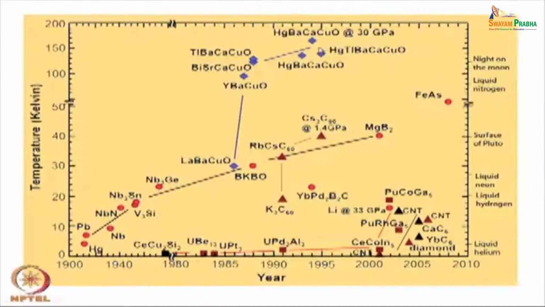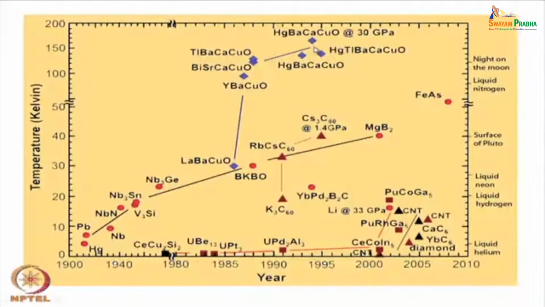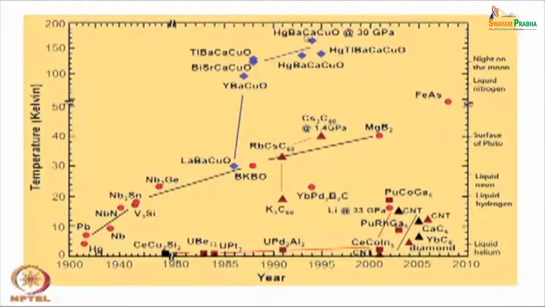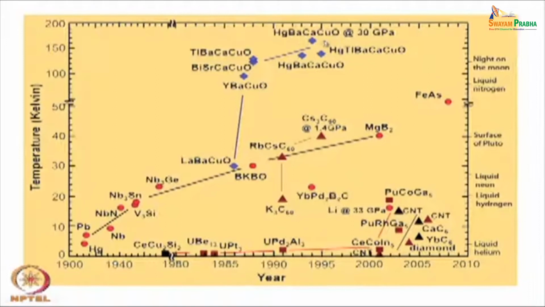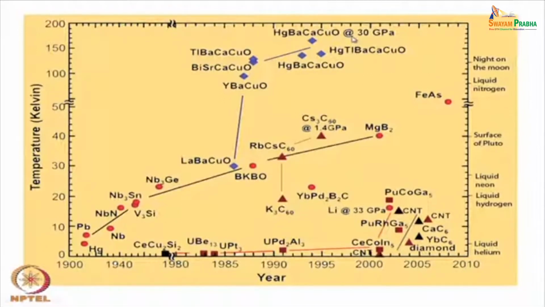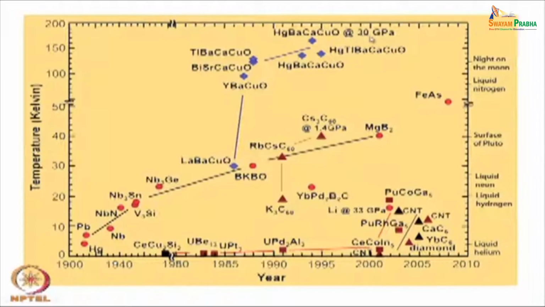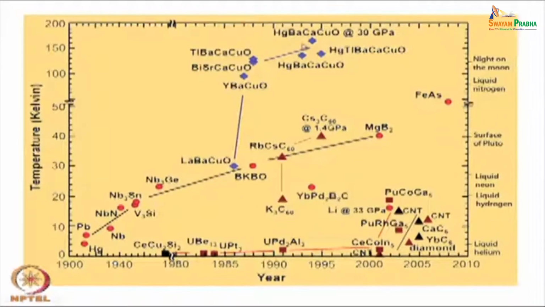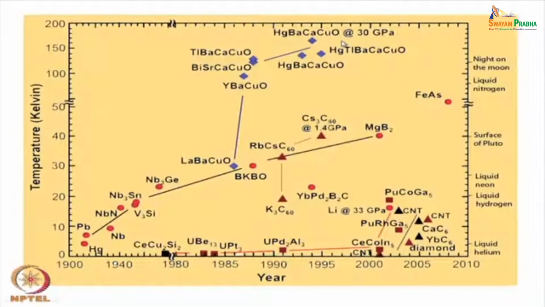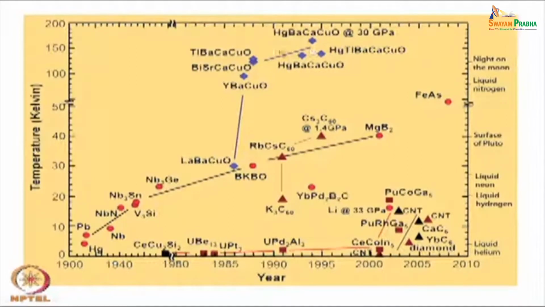One has reached more than 150, but not at normal pressure, at about 30 gigapascals. So, pressure also has an effect on the transition temperature. Otherwise, at normal pressure it is around 130 to 150.